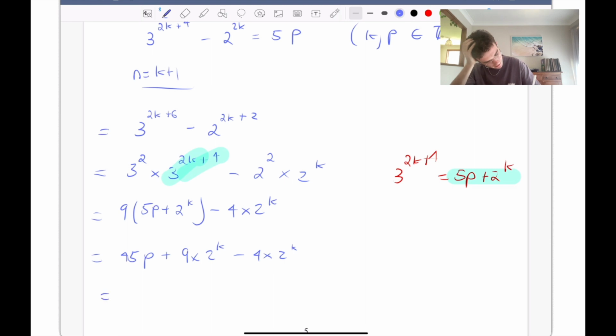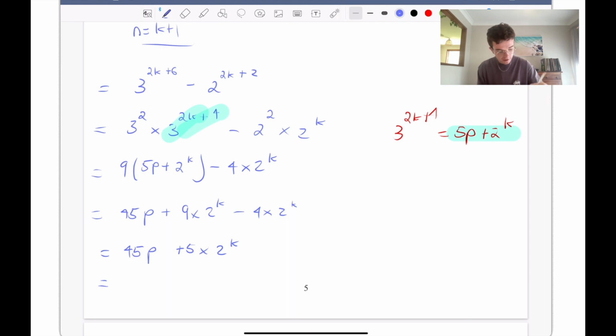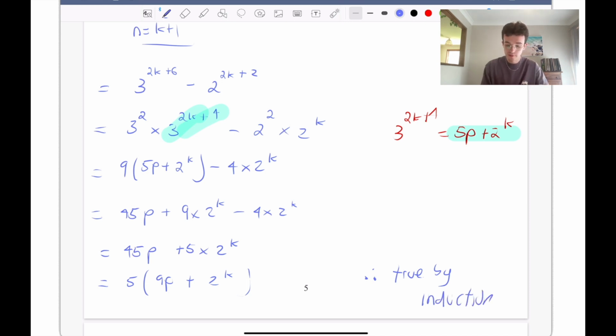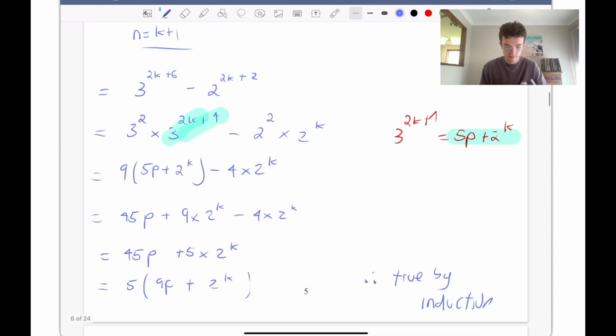Now 45, of course, is divisible by 5, and 9 times 2 to the 2k minus 4 times 2 to the 2k, well, we've got 5 lots of 2 to the 2k left, which is divisible by 5. So we've got 5(9p plus 2 to the 2k), and we're done. Therefore, true by induction. Of course, you need to end your induction properly, but I'm sick of writing, so I'm going to leave it there.